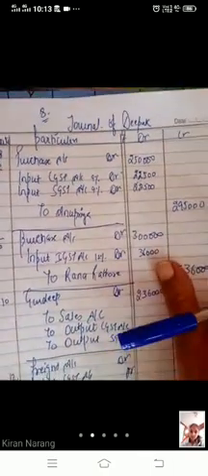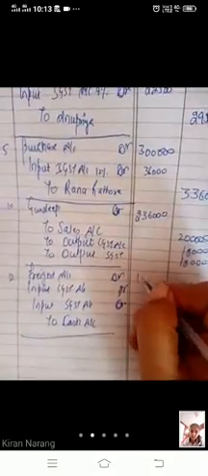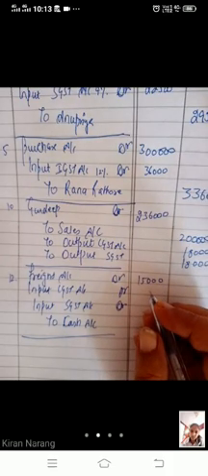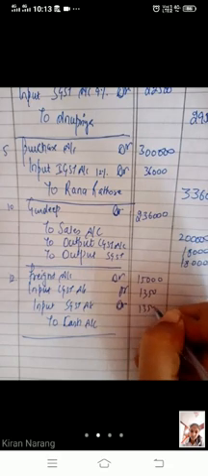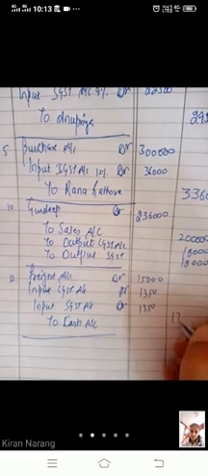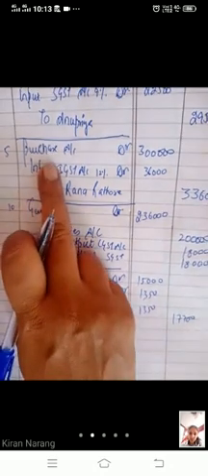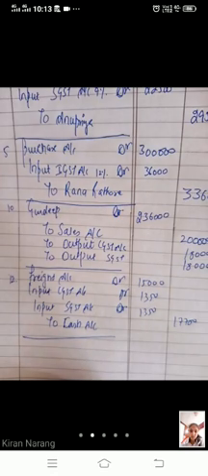Whatever we have paid, freight charges 15,000 will be debited, and they have informed us 9% was the CGST and SGST. Total we have paid 17,700. Every purchase or every expense, input will be debited.